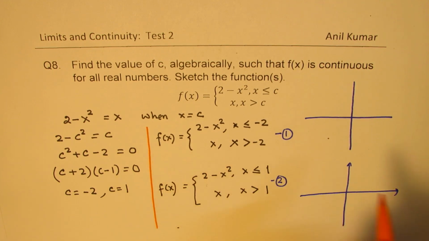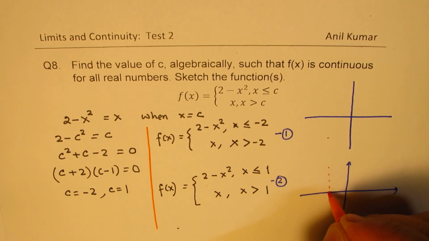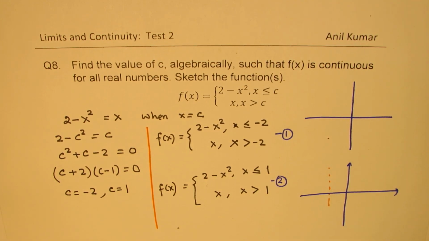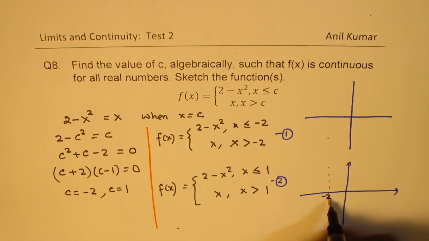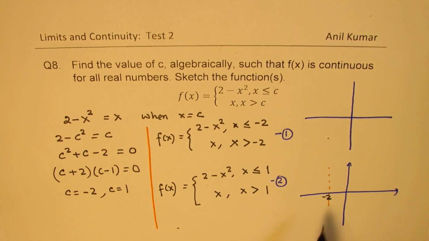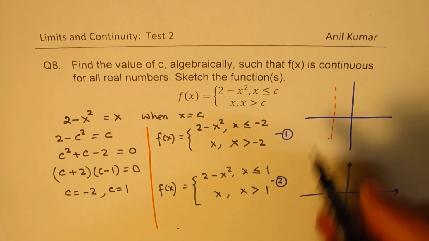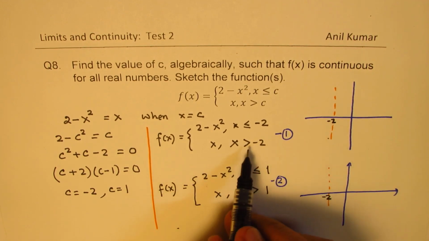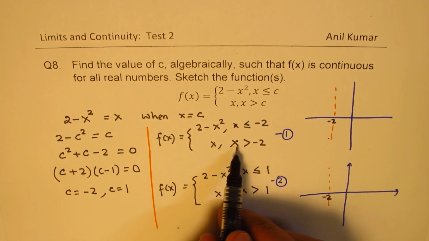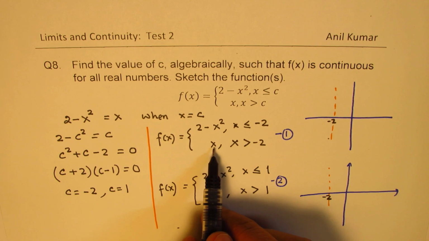Let's say this is minus 2. So I'll do the first one here. So this is minus 2. So we have a straight line, where x greater than minus 2 is x.